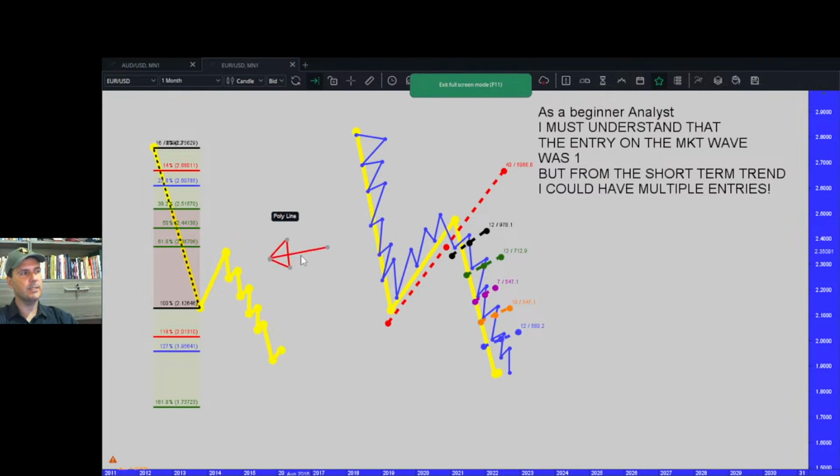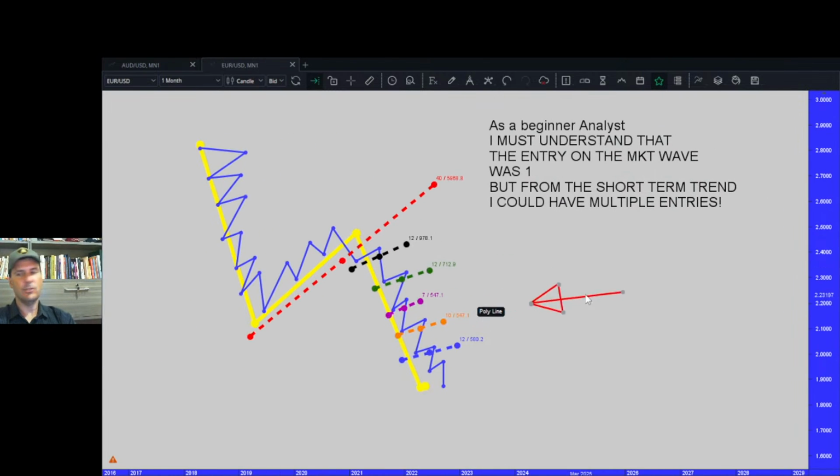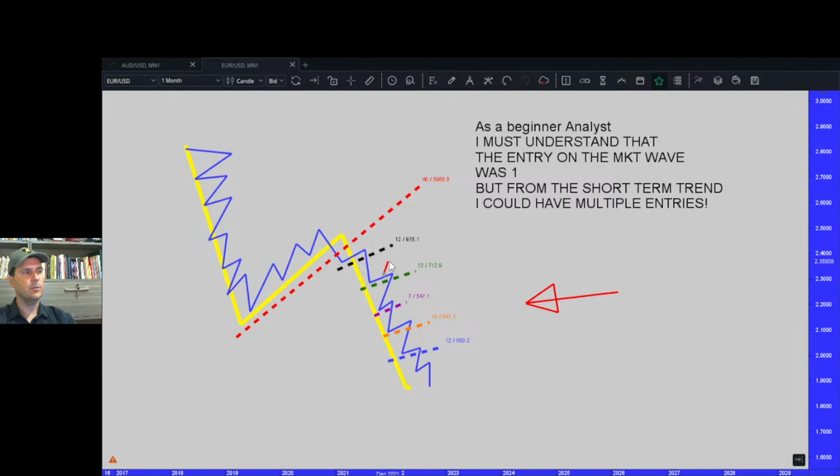Maybe this is not the best example, but if you enter here on the black, and here on the green, and on the violet, and on the orange, a la hedge fund trader and everybody else, and you are telling me, oh, I'm trading the yellow pattern, what are you going to do once the market reverses against you?